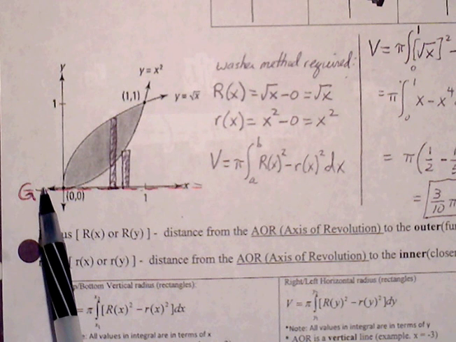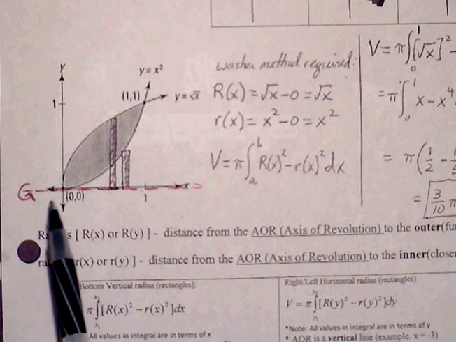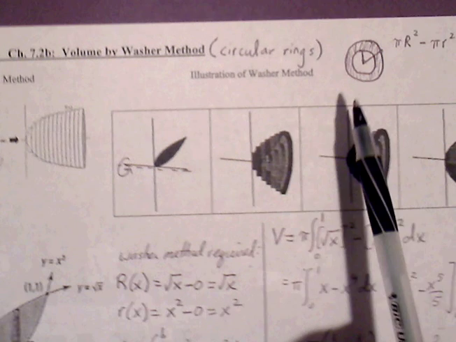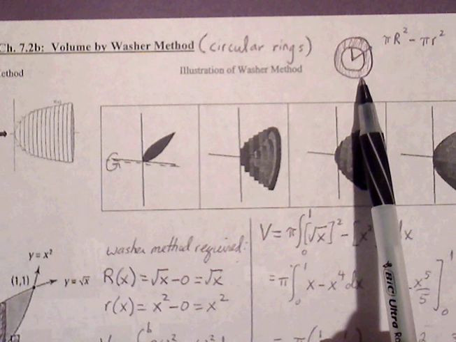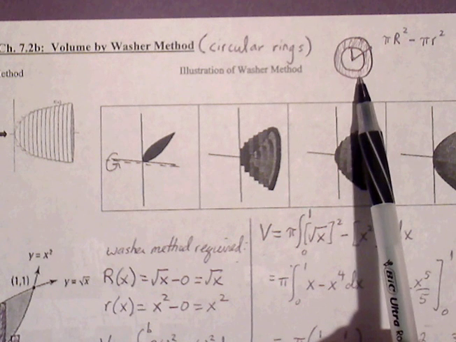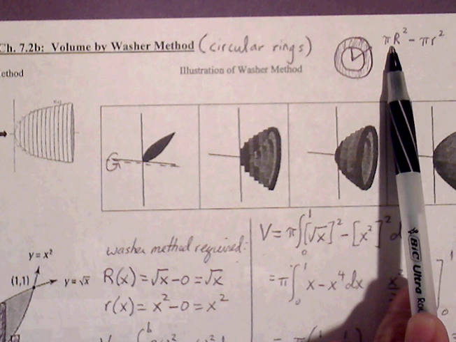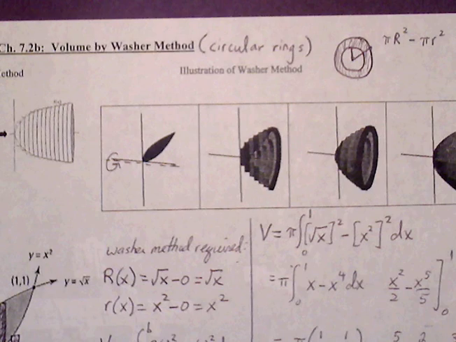We now have two components that we have to be concerned about. We need to find the big radius and the small radius. So this goes back to what we know from geometry problems that we've seen in the past. If we want to find the area of a ring, we need to find the radius of the big circle and the radius of the small circle, so we can subtract the two areas out.